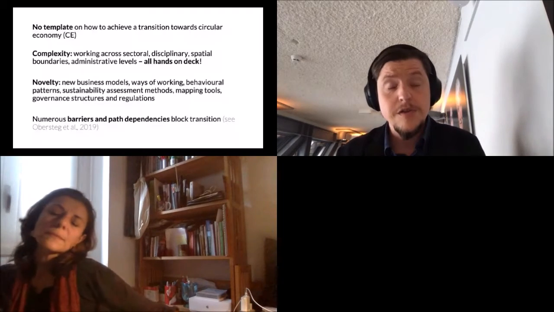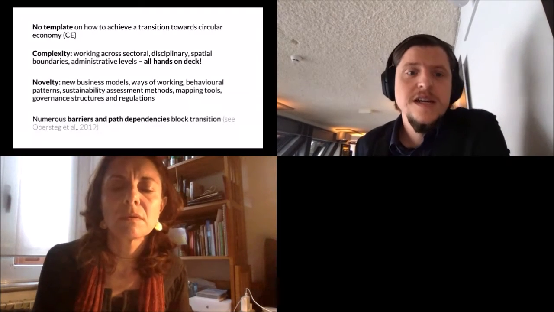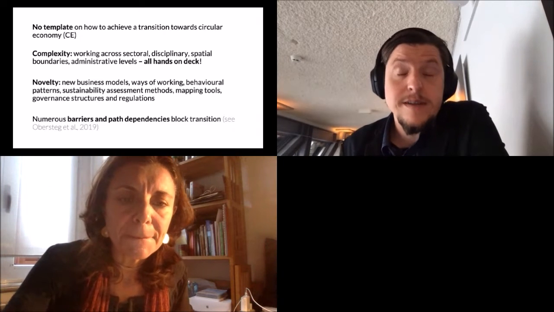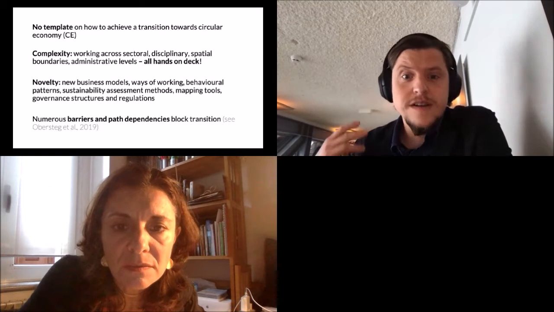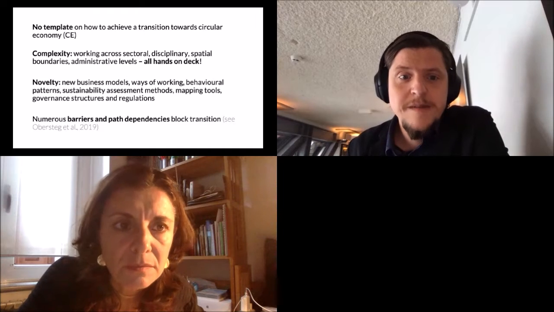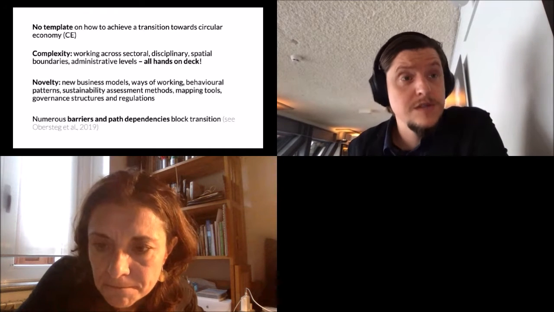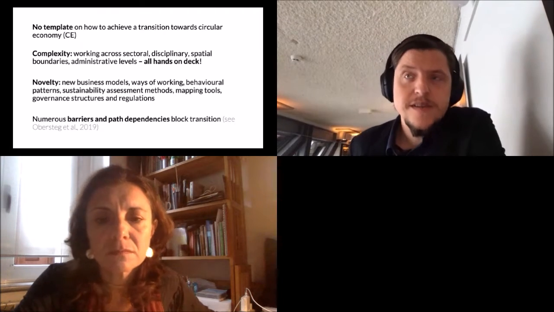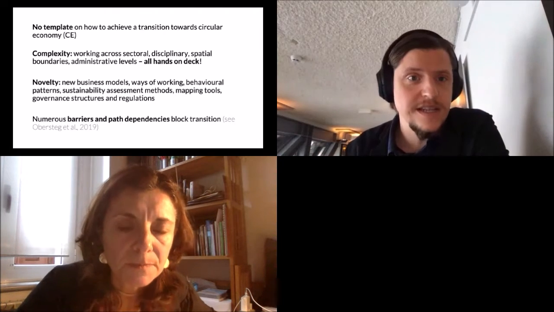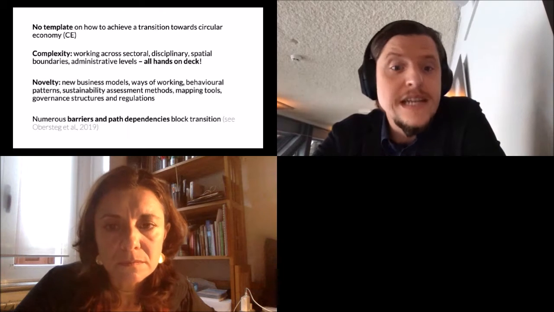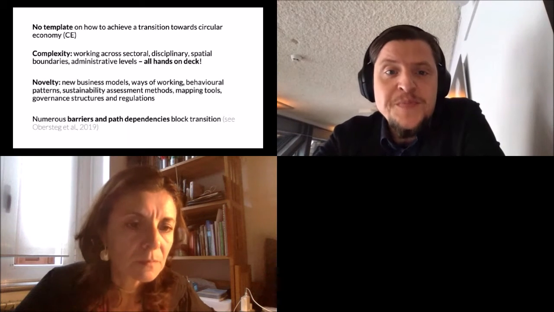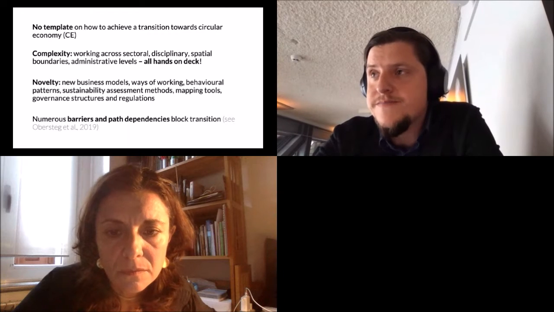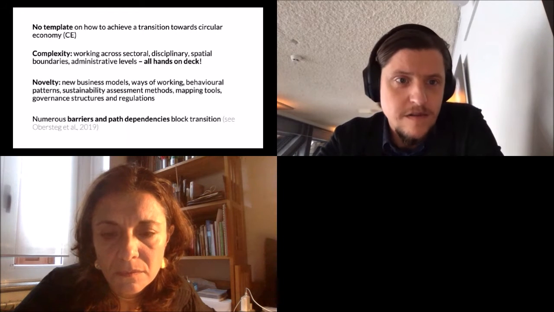There's a lot of novel elements of circular economy that require, for example, a new business model, rethinking the governance models, new sustainability assessment methods, as we discussed this morning, new kinds of data mapping tools, governance structures, and also regulations and policies to incentivize and support change. Also, what is new with circular economy is the complexity of this challenge.